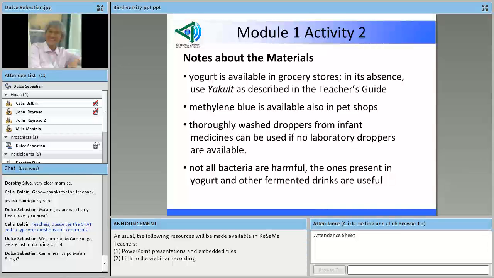Methylene blue is available in pet shops, and you don't need to buy droppers because you can wash droppers from infant medicines. In this topic, students will realize that not all bacteria are harmful; they will be dealing with bacteria that are useful.